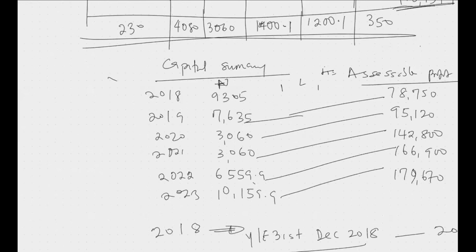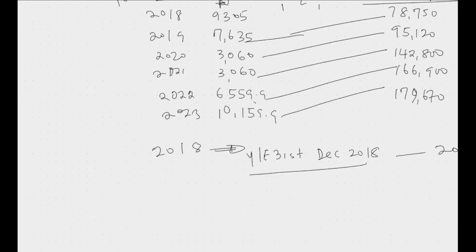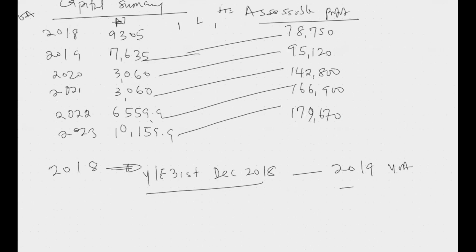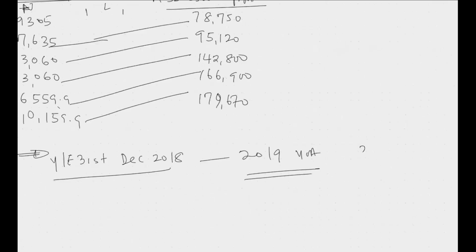So this examiner now gave us year ended capital allowance, year ended assessable profits. How do you match it? Your year ended, you have to convert it back to year of assessment. And when we did that, we realized that there was no profit for 2018, but there was profit for 2019 because the company is just starting operation.